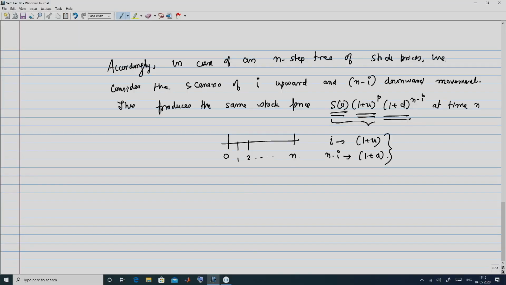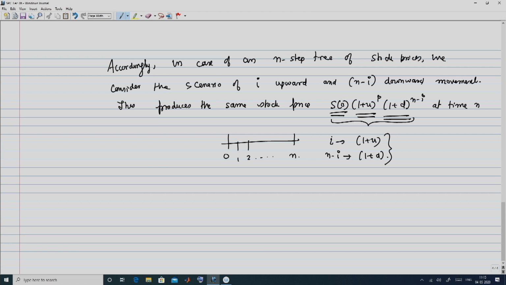So, generically if you are looking at n steps and you start off with S 0 and you want to see what the stock price is going to be at the end of n steps, where between 0 to n you have I number of up movements and n minus I number of down movements, this is what you are going to end up with, S 0 into 1 plus u raised to I into 1 plus d raised to n minus I.